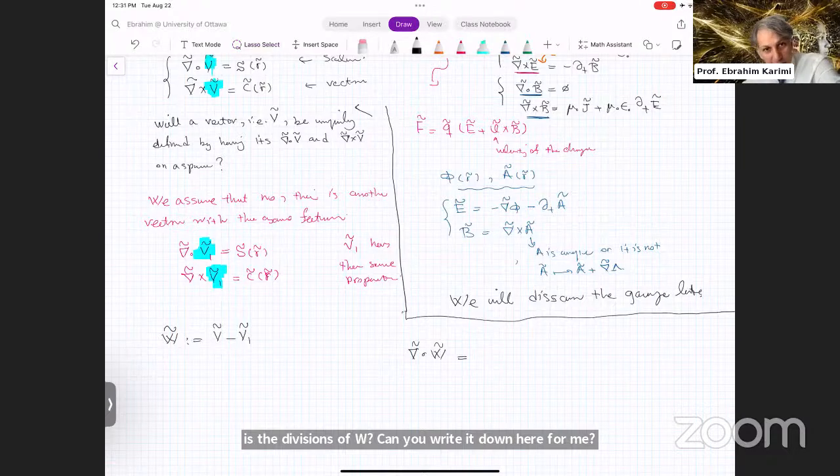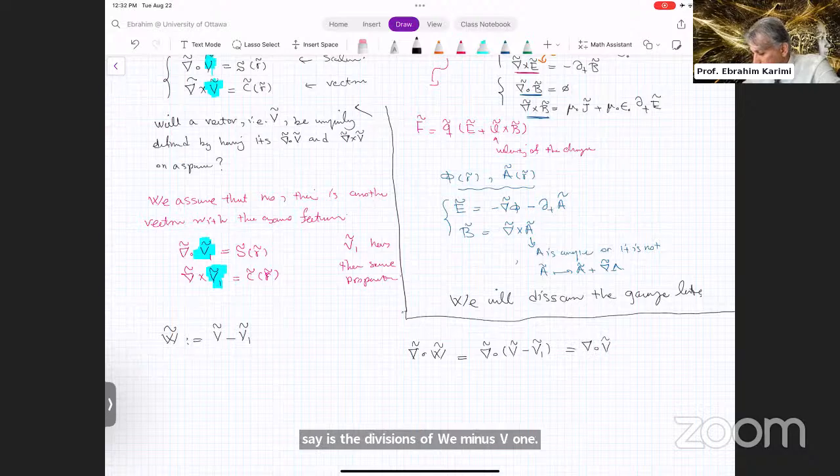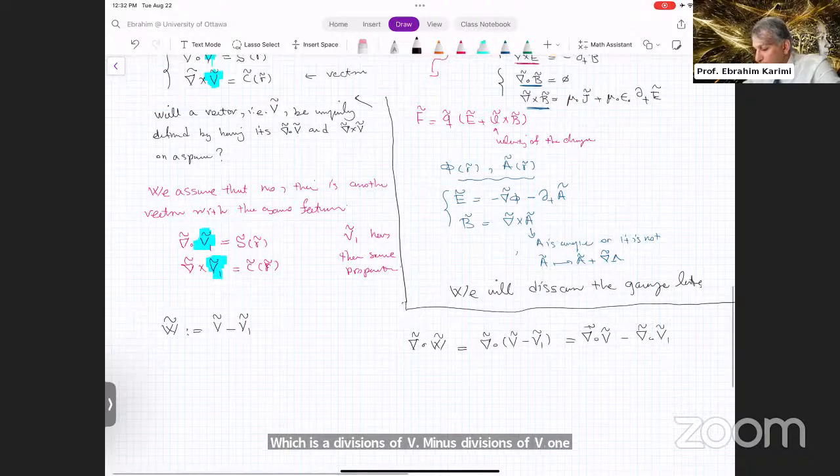Some people are saying that it is 0. So they say it is the divergence of V minus V1, which is the divergence of V minus the divergence of V1. What is the divergence of V?